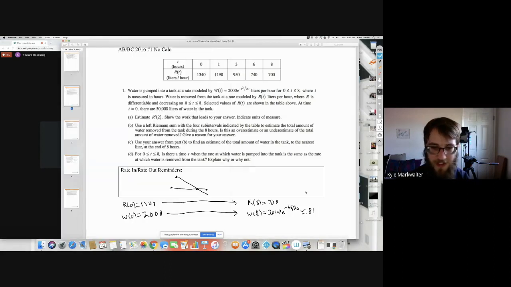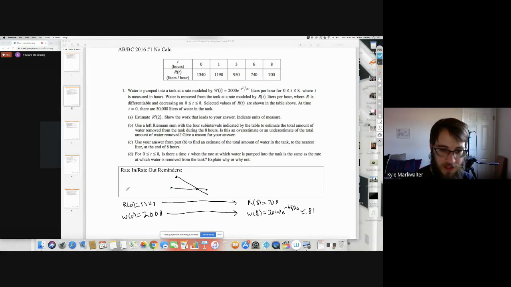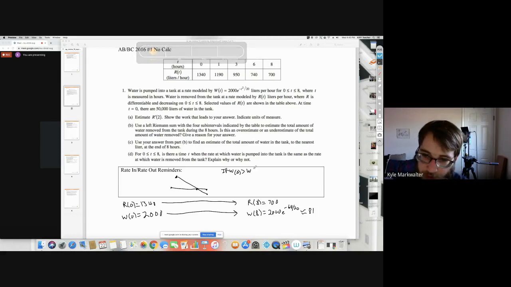Yes, this does sound like an IVT thing. Essentially, what we need to say then is that if W of 0 is greater than R of 0, and R of 8 is greater than W of 8, and R and W, do we know that they're continuous?